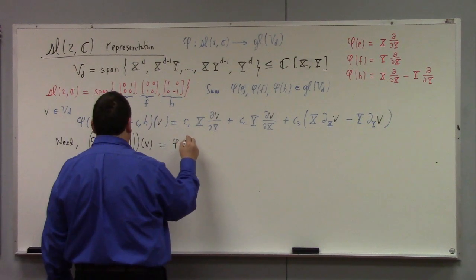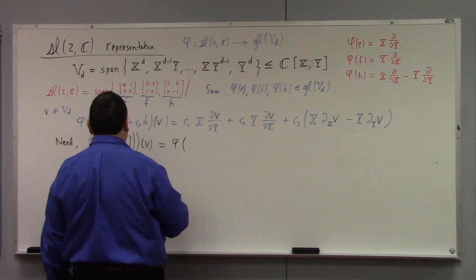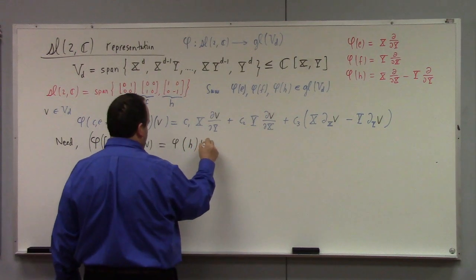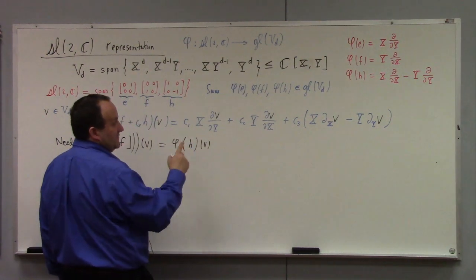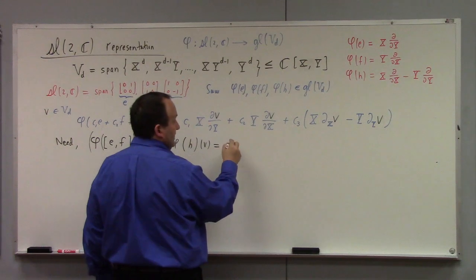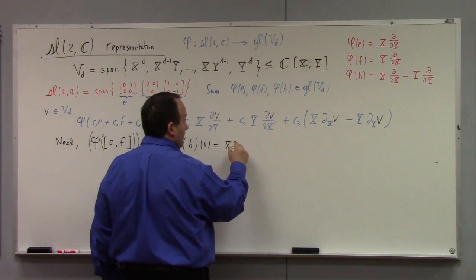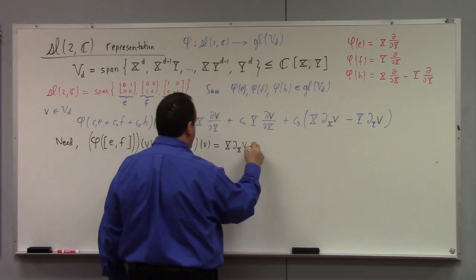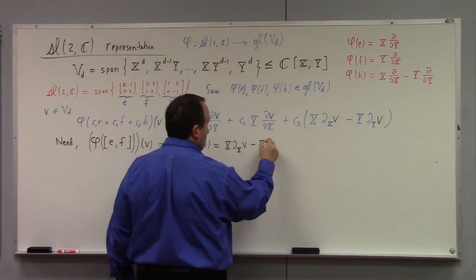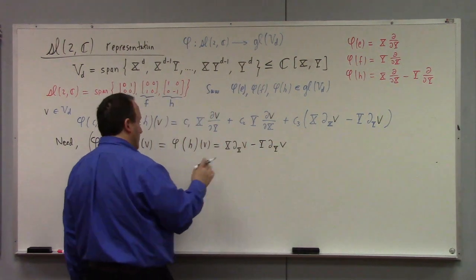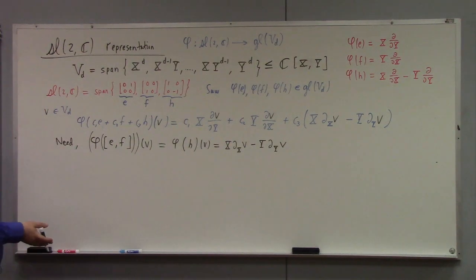Yeah, but what is E with F? So this is actually phi of h acting on v, right? And phi of h was that. So we actually have x partial x v minus y partial y v, all right? On the one side, we've got that.